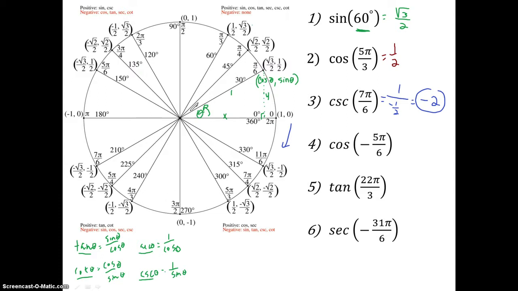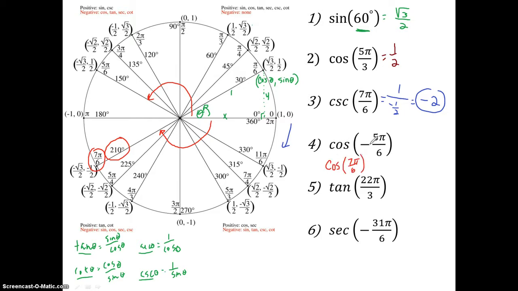If we went 5 pi over 6 radians, that's going to be 150 degrees this way. We're going to go negative 5 pi over 6 radians, so we're going to go 150 degrees this way. And that's going to end us at 210 or 7 pi over 6. So what we're really looking for is the coterminal angle of negative 5 pi over 6 that's in the unit circle.